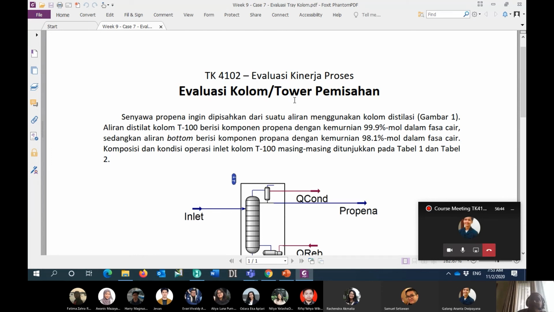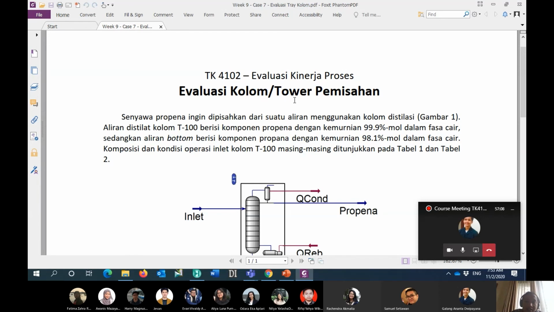Another way, such as adsorption, is also difficult because they have almost the same properties.